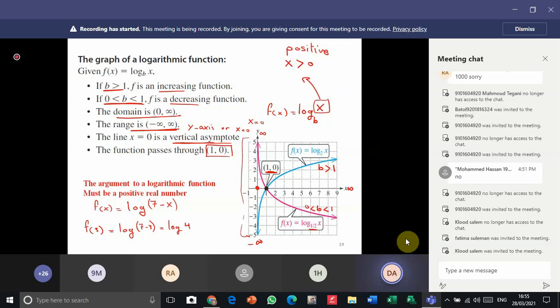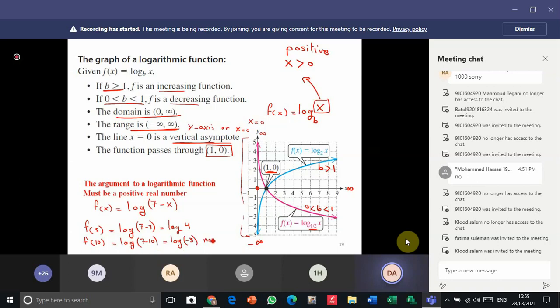But if we need to find f of 10, this is equal logarithm of 7 minus 10, so we have logarithm of negative 3. But try to find the logarithm of negative 3 to base 10 by calculator.